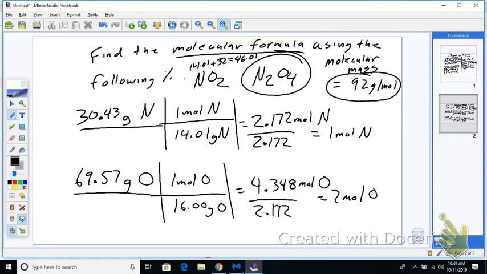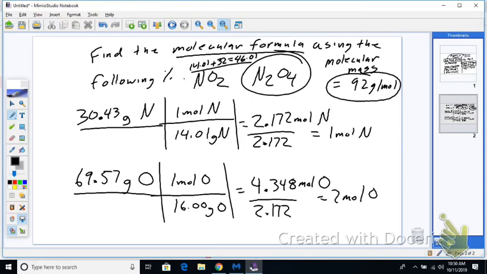Now, do you guys see it? I made it tough on you because if you figured it out, you probably figured out I need to find the weight of this. And once I find the weight of the empirical formula, I can figure out how many times it goes into the molecular formula to decide how much I need to multiply those by.